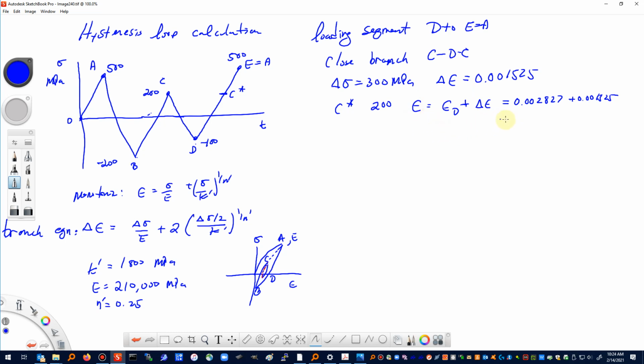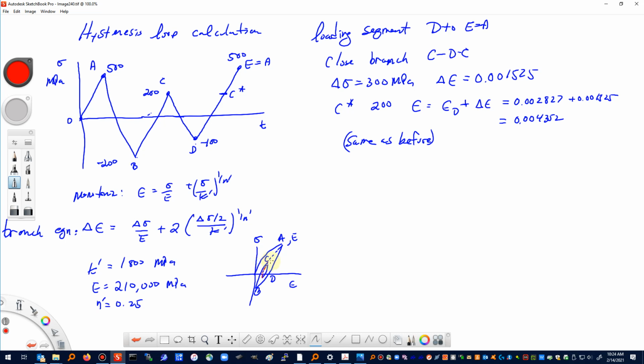So this is equal to 0.004352. Okay. Alright, so now we completed the branch from D to C.